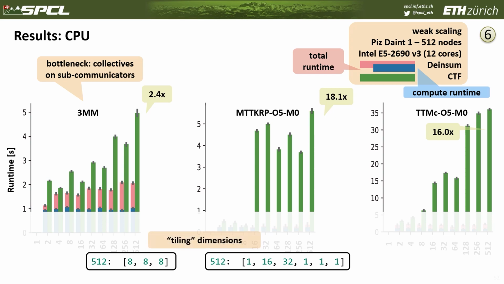Now, if we look at the specific tiling dimensions that are being involved for the all reduce that is needed to get the correct result, then we will see that for 3mm we are going to have 64 tiles, so we're going to have an all reduce in 64 different subcommunicators, while in the MTTKRP it's actually only one tile. So we have to do an all reduce in all 512 nodes together, and this seems to perform better on the machine that we run our experiments.